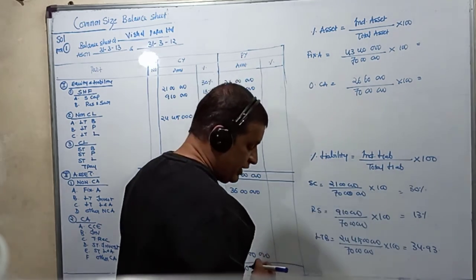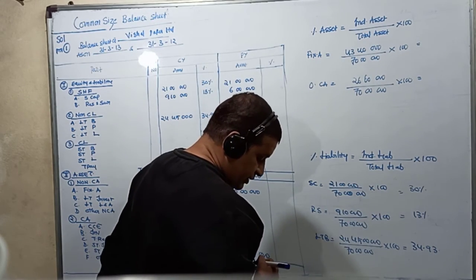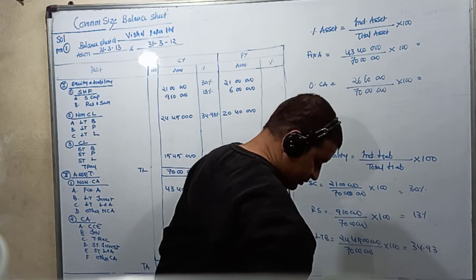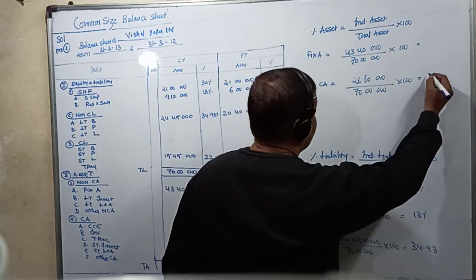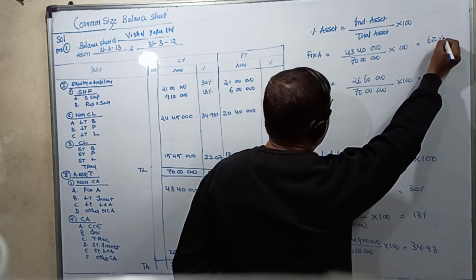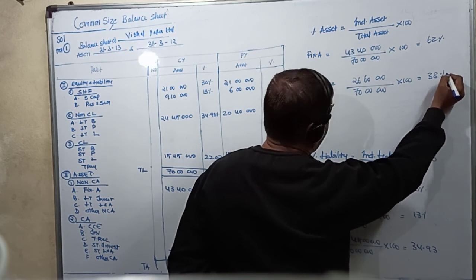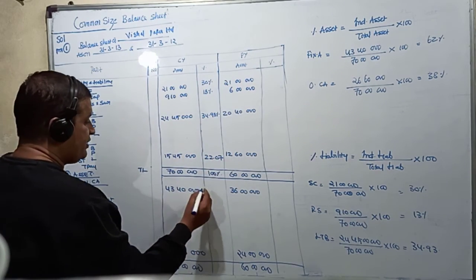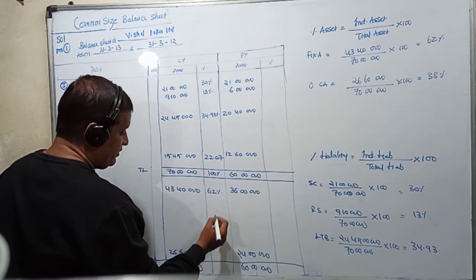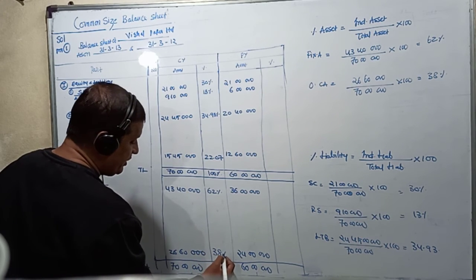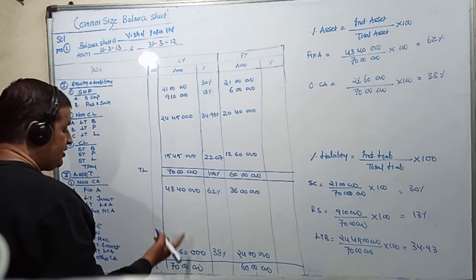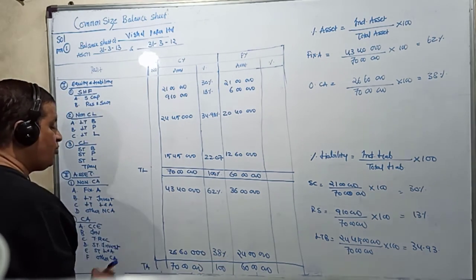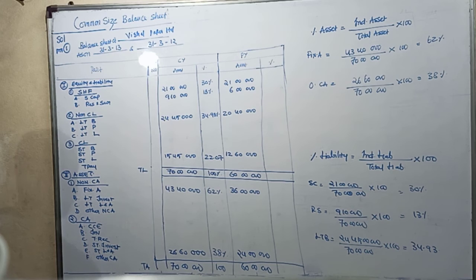When you go ahead with the calculation, this one will be 62%, and here it would be 38%. Always the total would be 100%, because this is the common base. Always the base would be 100.